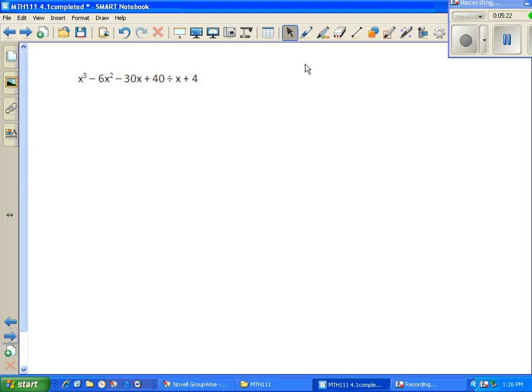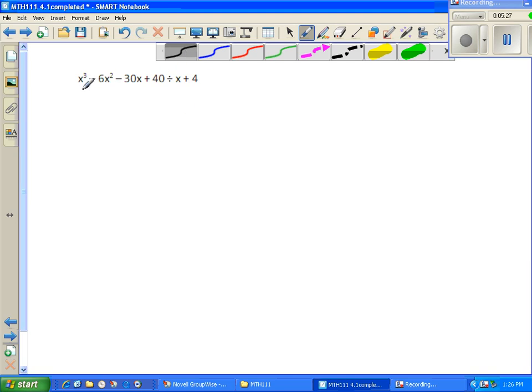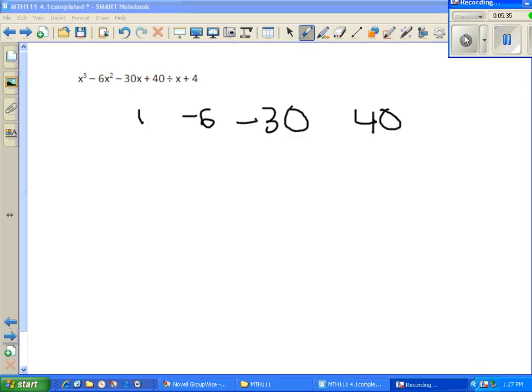Okay, so what we're going to want to do first is just take the coefficients of the polynomial. I'm taking the coefficients of the polynomial, the 1 from the x cubed, the negative 6 from the x squared, the negative 30 from the x, and then the 40.